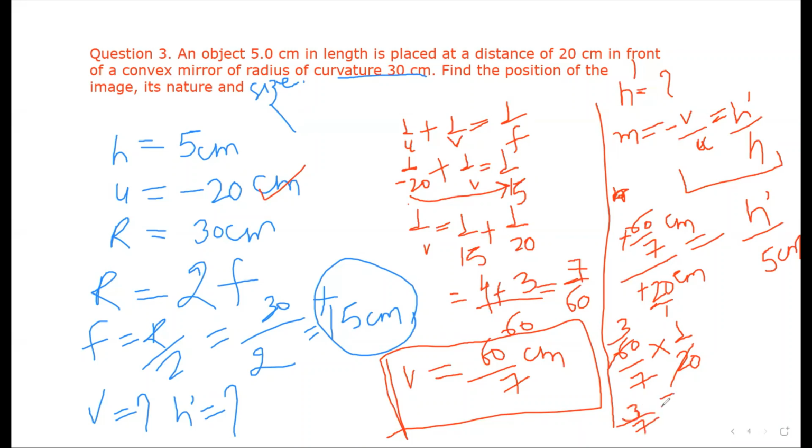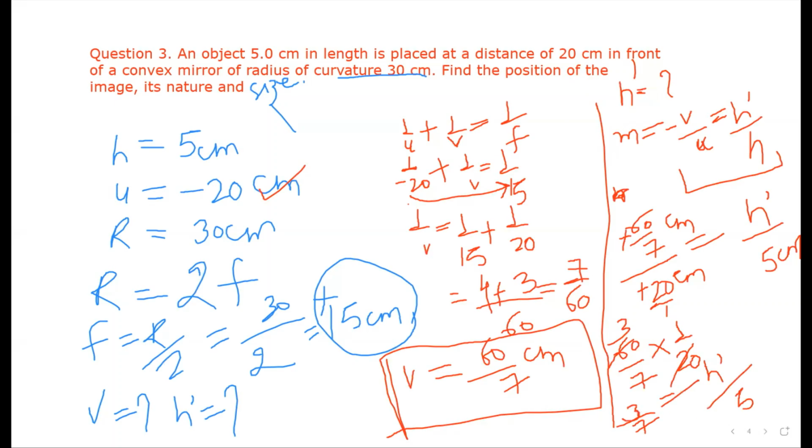And this equals H dash upon 5. So now we have to do cross multiplication. We will rewrite this equation on the next page.